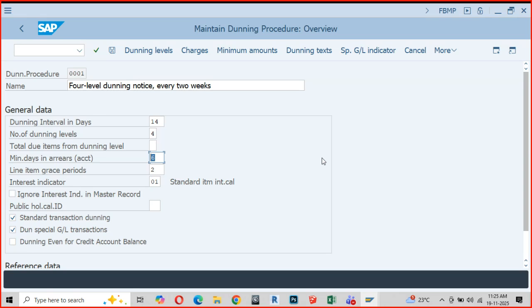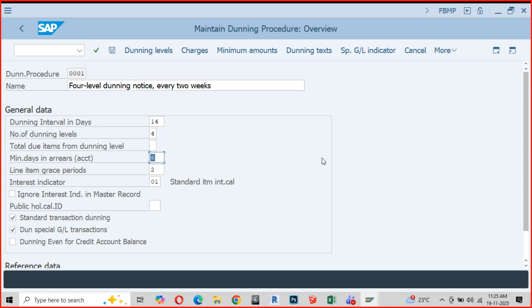Suppose I was supposed to get the payment by the 12th or the 13th of November. Today it's already the 19th. Clear? So will the system pick up the invoice for dunning, because I have said 6? So the 12th or the 13th was overdue.